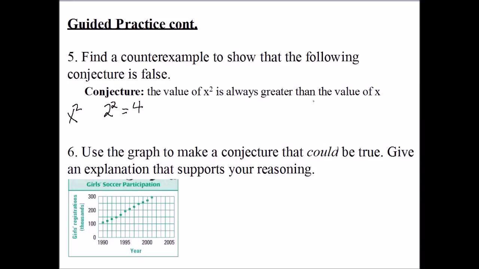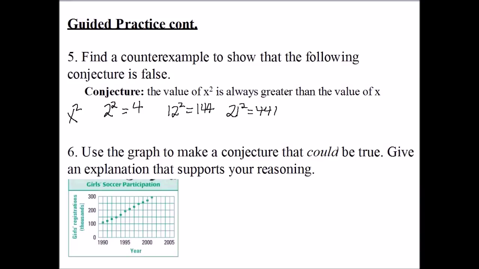So basically what this is saying is when you square the base, the answer is always going to be bigger than the base. So 2 squared, 4. What about 12 squared? 12 squared, 144. What about 21 squared? You get 441. 441 is bigger than the base, 144 bigger than the base, 4 bigger than the base.